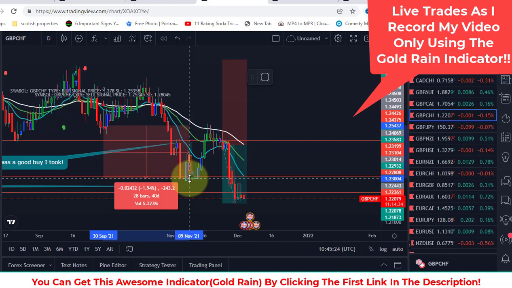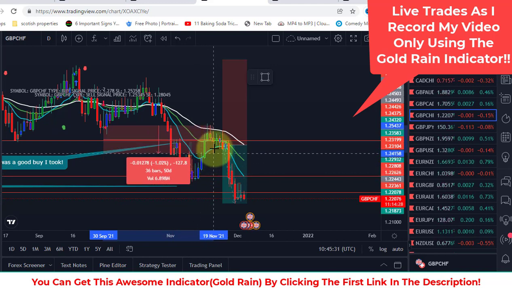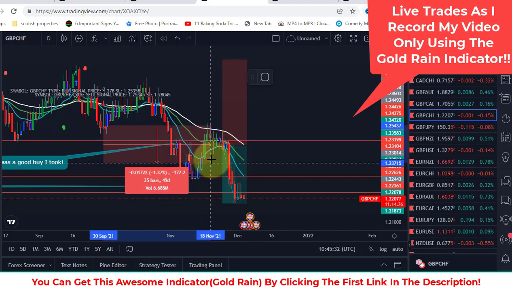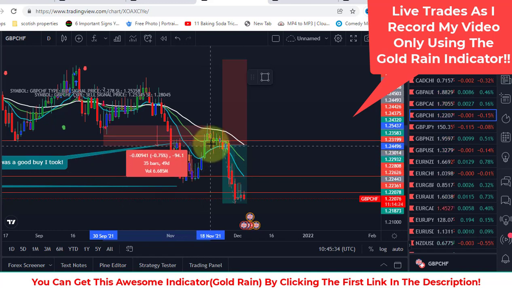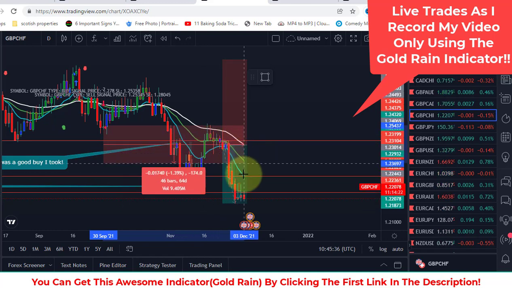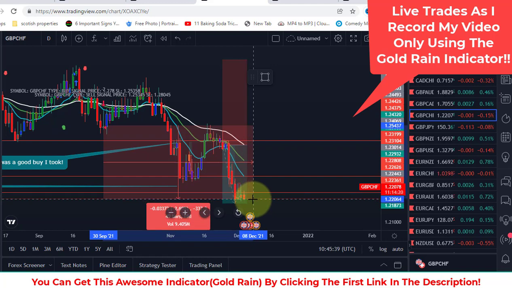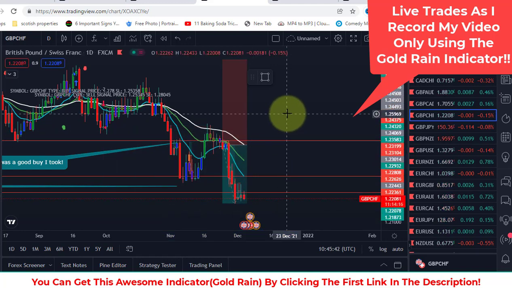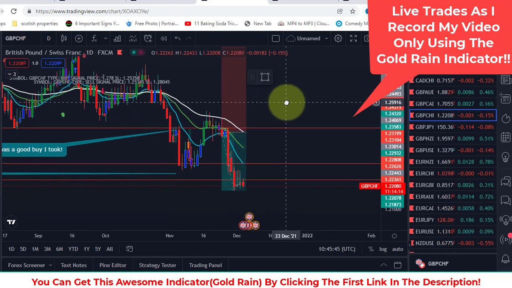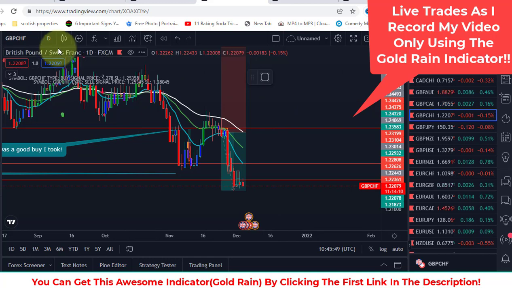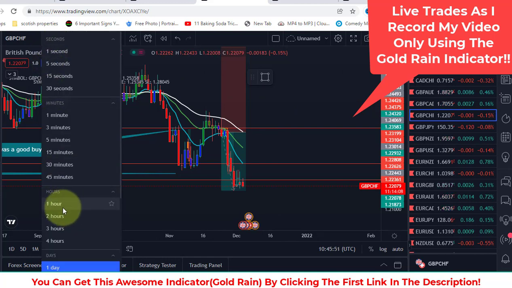Or be more wise, look at the bigger picture, take your profit slightly, and then hold it till you catch the bigger pips. Even here it worked great, but again it's a Great British Pound pair, so it's going to give you a lot of stress with big drawdown.